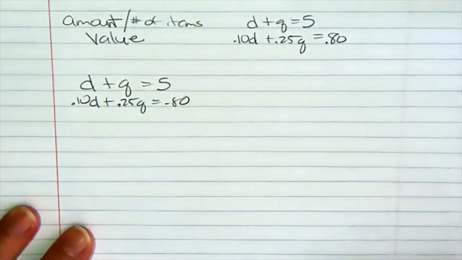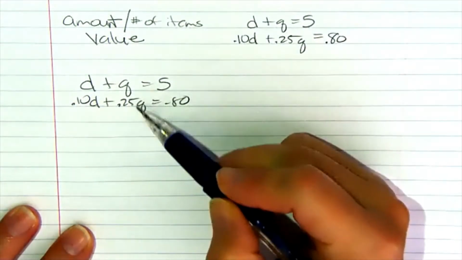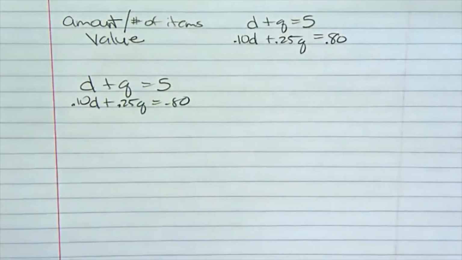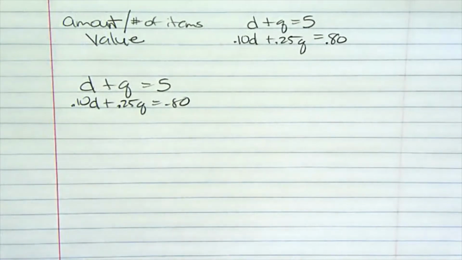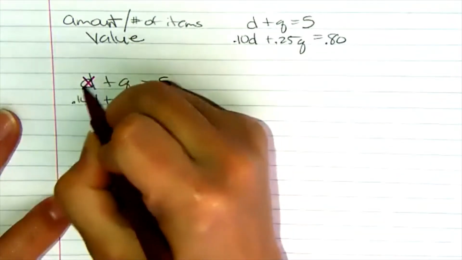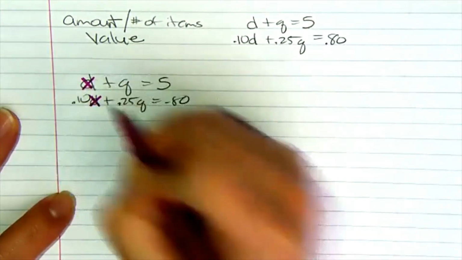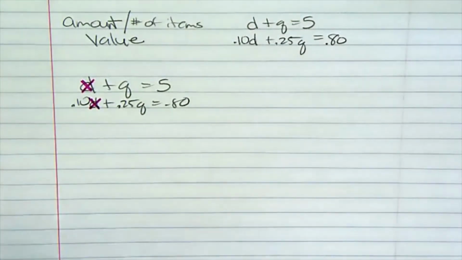So now I need to manipulate one of these equations so that when I combine them, one of my variables is eliminated. Oh, first, they told me dimes were x's. So I'm just going to put an x over my dime.